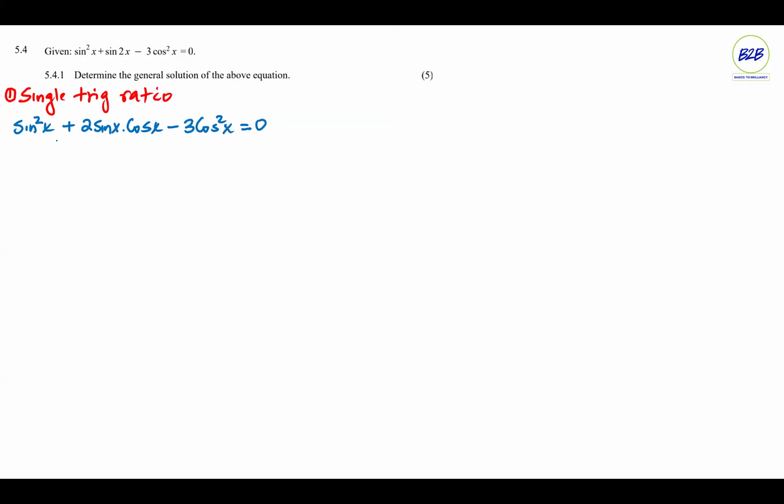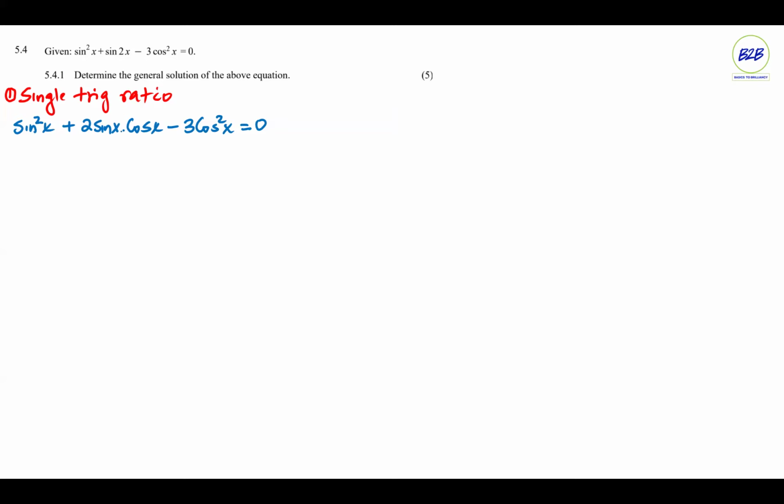You see, now we have angles that are the same: x, x, x, x. But we still have the problem that we were trying to remove, which is that we have two trigonometric ratios, sine and cos.